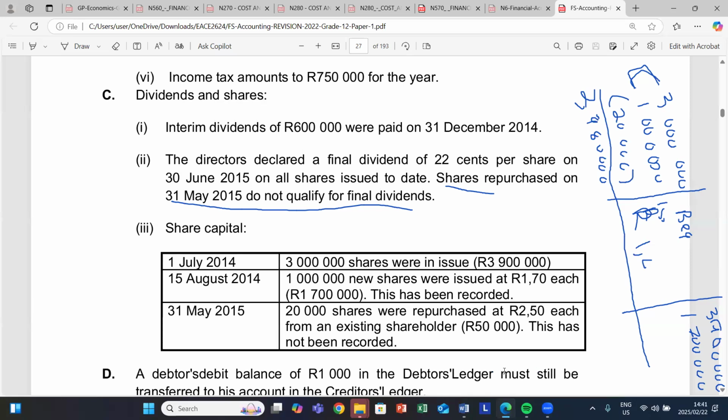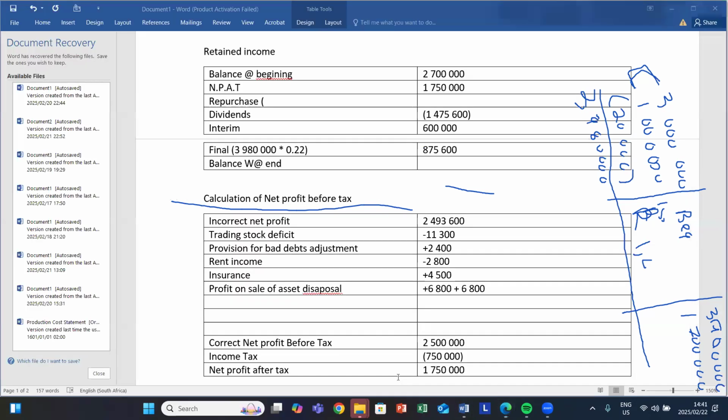Yes, 2,50. So we'll say 250 minus 1,4. And then we get 1,1. We'll multiply by 20,000. 20,000 multiplied by 1,1, we get 22,000.